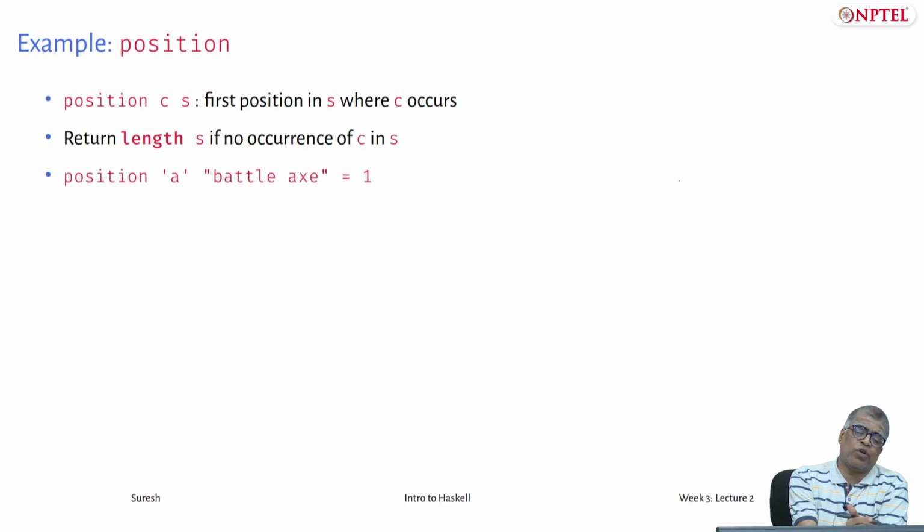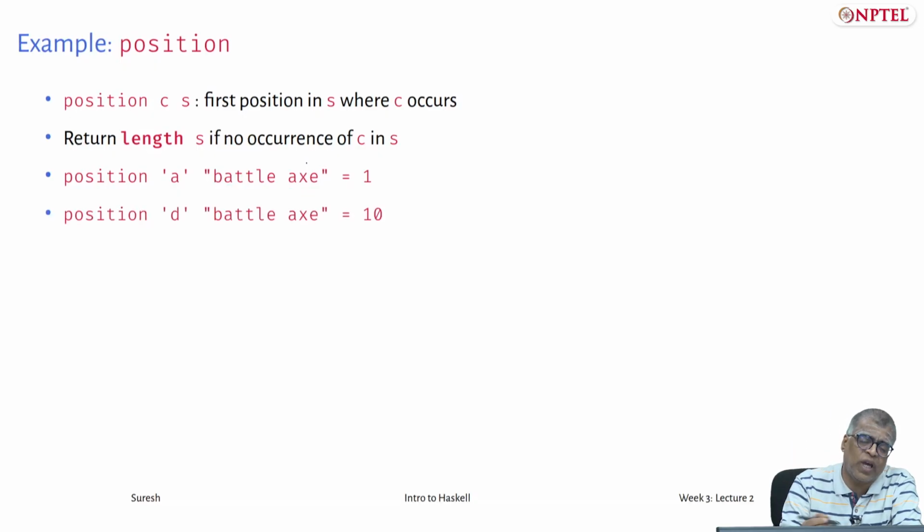So, for instance, position of a in battle axe should be 1. That is the first position of c in s where it occurs. Even though there are 2 occurrences of a here and here, we just want to return the index of the first place where a occurs. Position of d in battle axe is 10 because the length of battle axe is 10 actually. 1, 2, 3, 4, 5, 6, 7, 8, 9, 10.